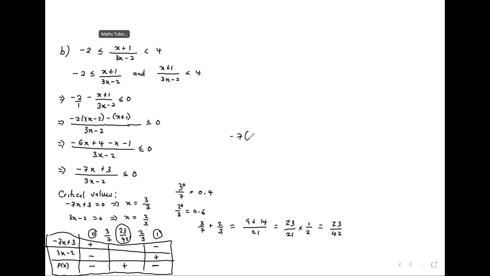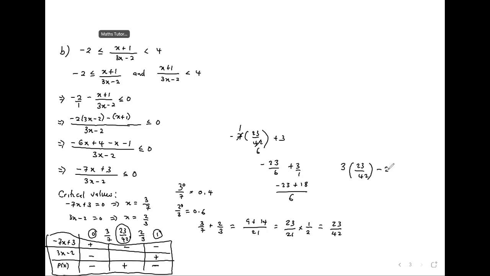So negative 7, 23 over 42 plus 3. 7 here 1, 7 here 6. So we get negative 23 over 6 plus 3 over 1. 6 can be down. So negative 23 plus 18. It's a negative number. Then 3 multiplied by 23 over 42 minus 2.